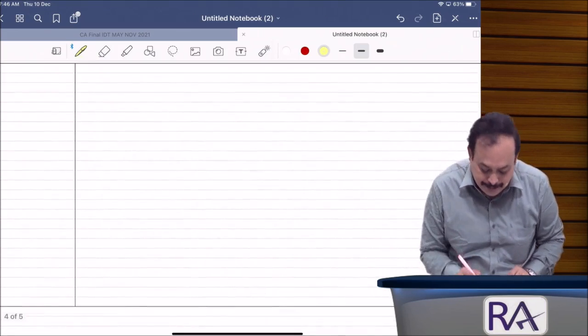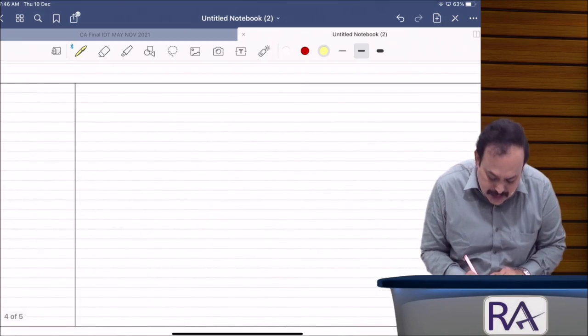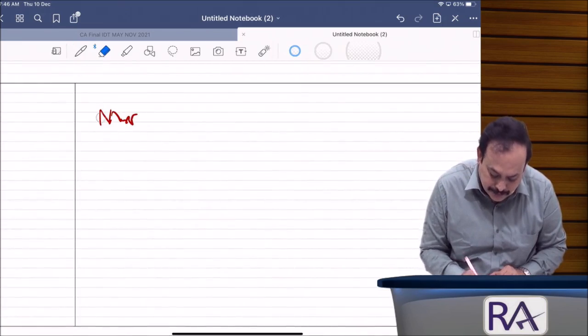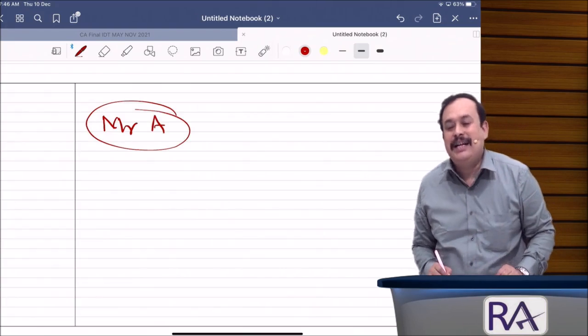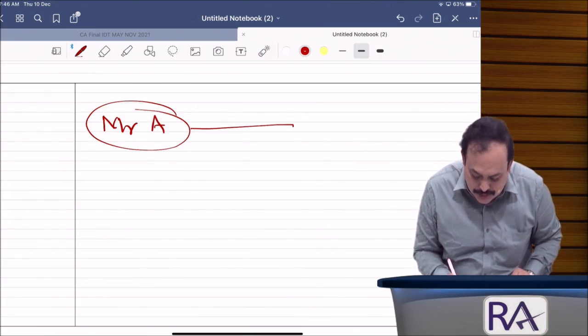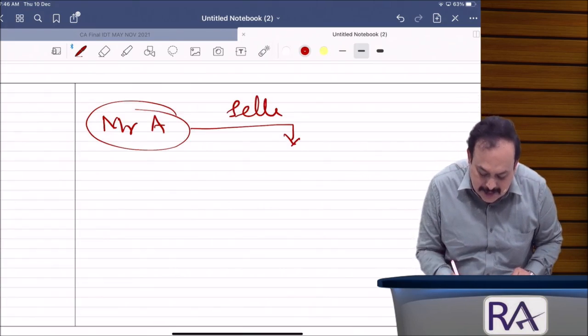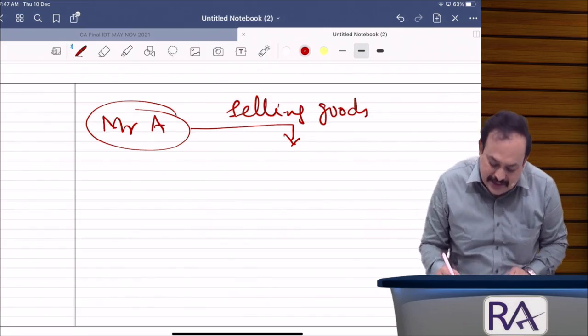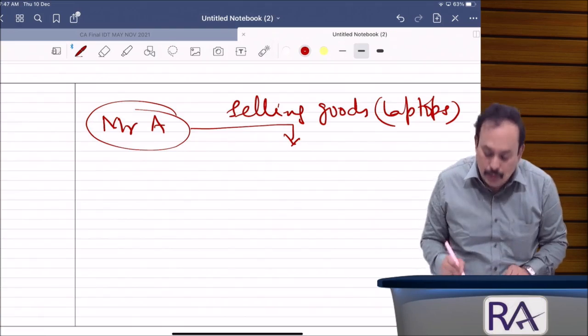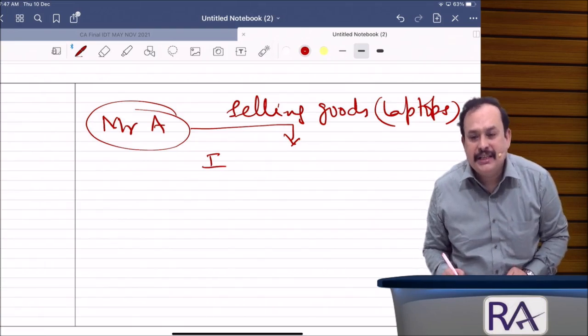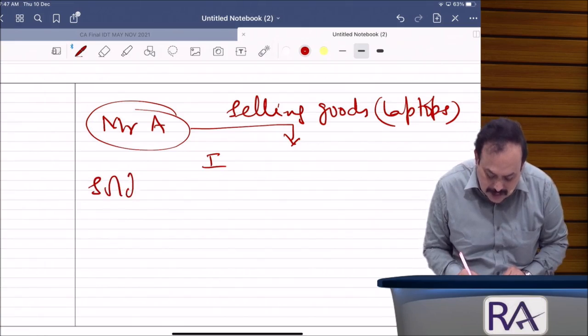Assume a scenario here. For example, Mr. A, who is a trader, selling goods. Let us say he sells laptops. Now, in the first year, he sold the laptops at, let us say, rupees 40,000 per laptop.